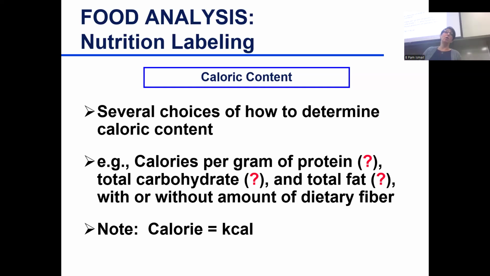Now, if you have alcohol, 1 gram of alcohol is... Anybody? Maybe 7. Yes. Yeah, 1 gram of alcohol is equivalent to 7 calories. So unfortunately, when you drink alcohol, you're drinking calories.